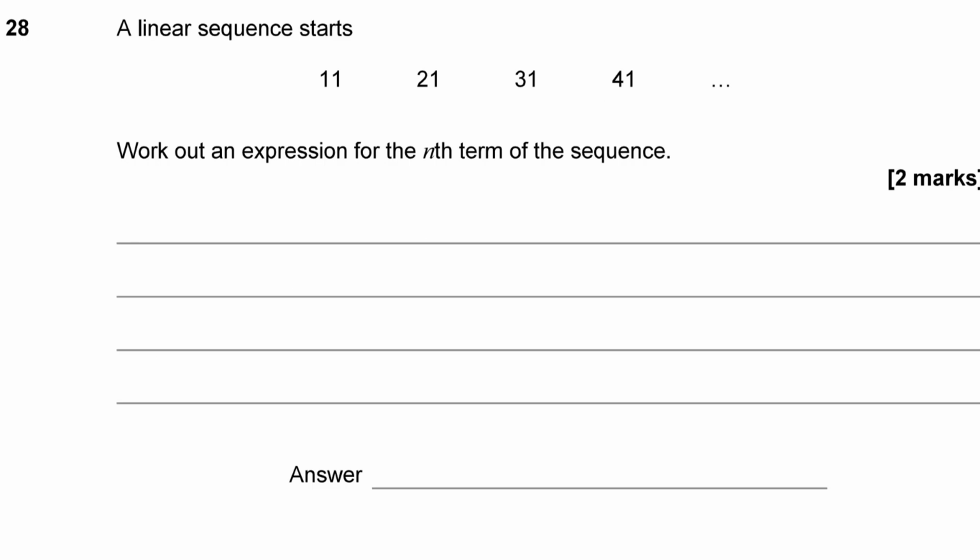It's that one there. A linear sequence starts 11, 21, 31, 41, and so on. Okay, now if it's a linear sequence, it's going to have gaps in between that are equal, aren't they? So this is a plus 10 sequence. Can you see it's 10 between each number? And that means the nth term is going to be something like 10 lots of n.